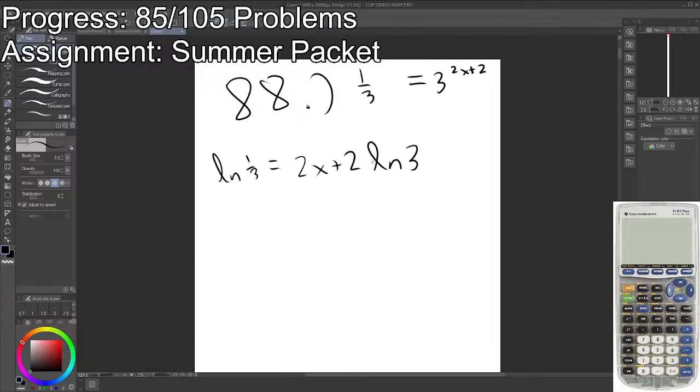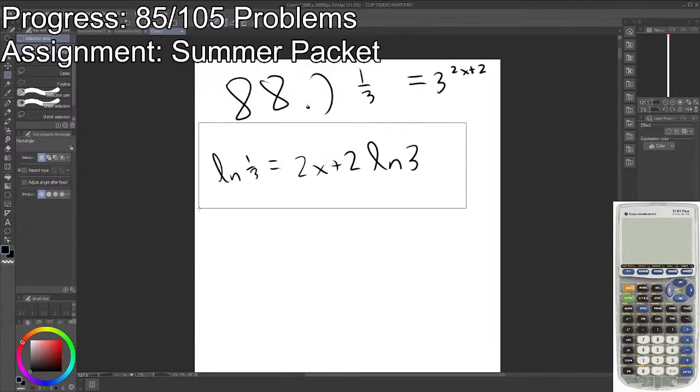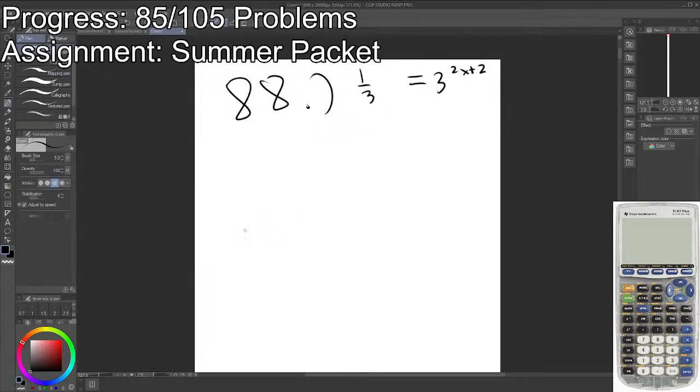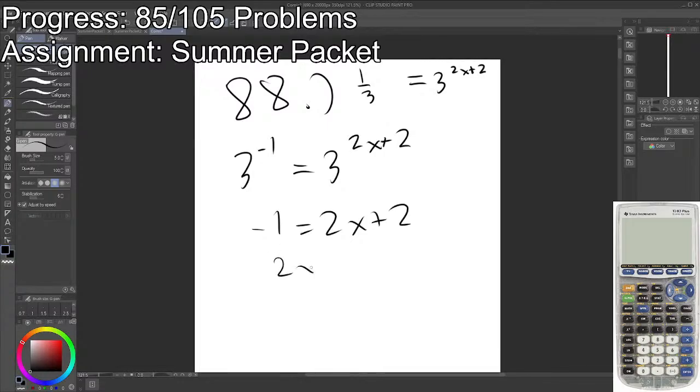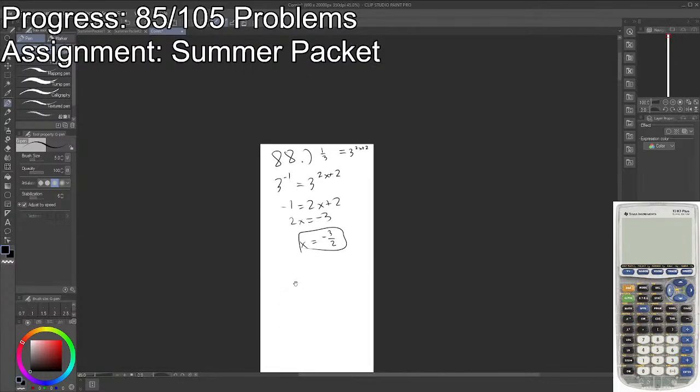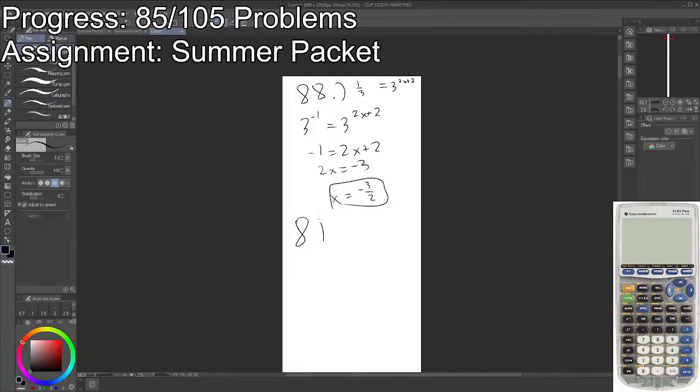Oh wait, oh man, it's so easy. At least the first step that I saw was what I already said. Okay. You just rewrite that as 3 to the power negative 1. Yeah, it was that easy. Alright. 89.